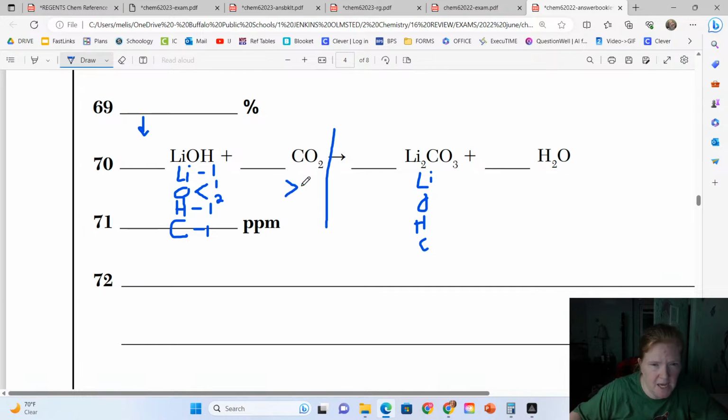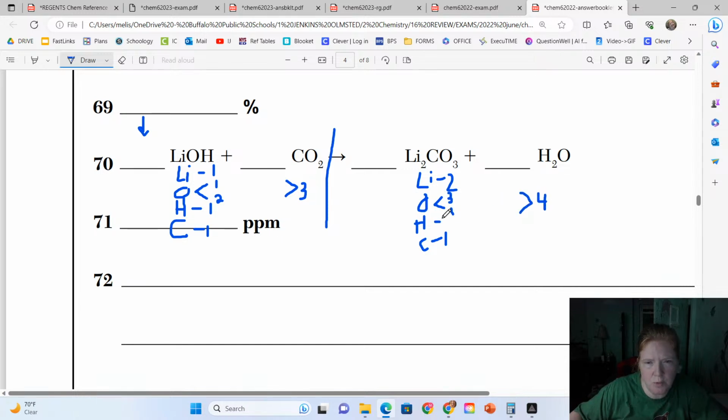But I have to add them up, so that would be 3 oxygens total. On this side, subscript for lithium is 2. For carbon is 1. Oxygen, again, is in 2 places. So here it's 3. Here it's 1. So that is a total of 4.